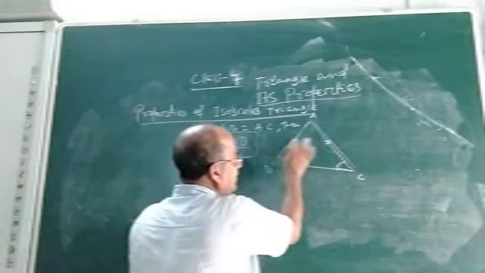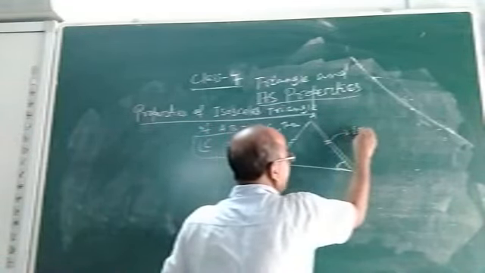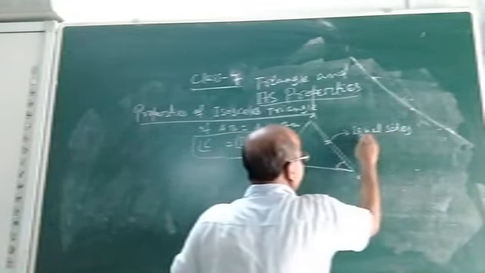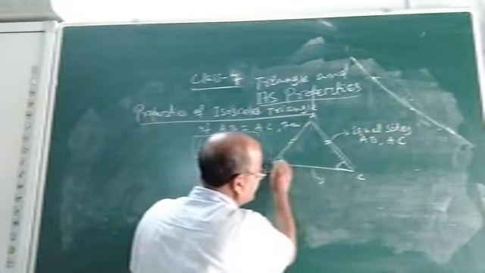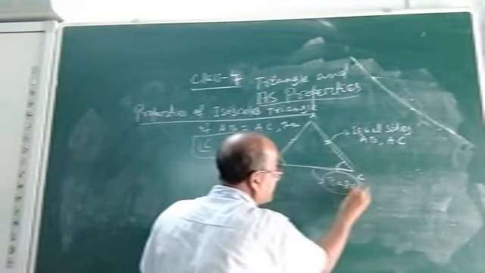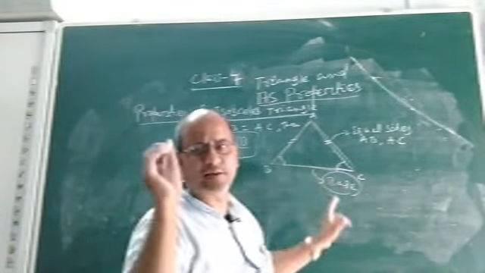See children, now these two are equal, so we say these are equal sides. AB and AC are the equal sides. Then which is the unequal side? This is the unequal side, and this unequal side is known as the base. The unequal side of an isosceles triangle is called the base.